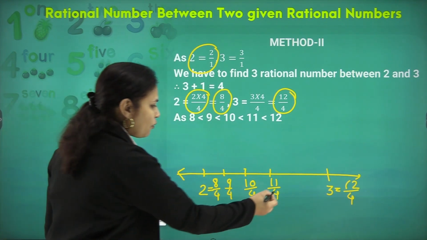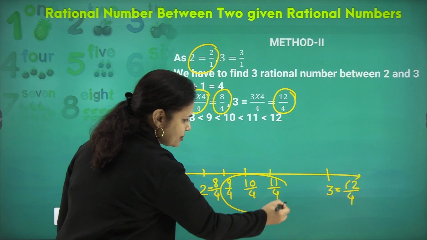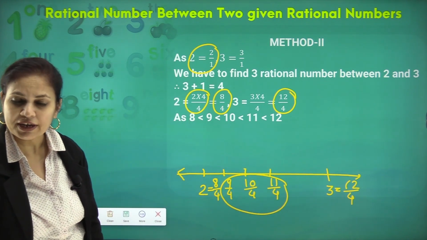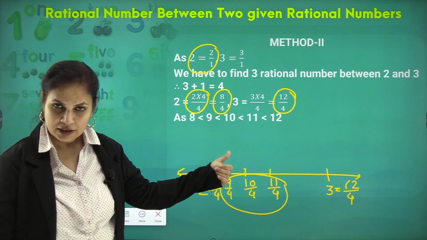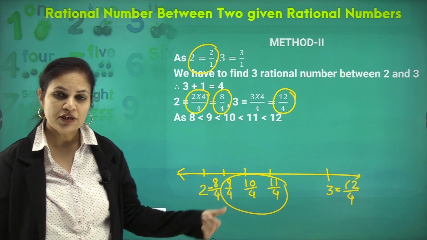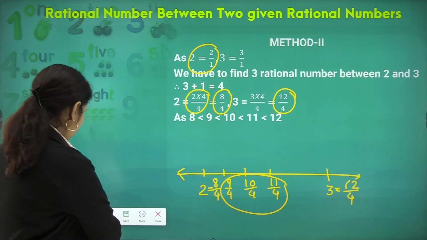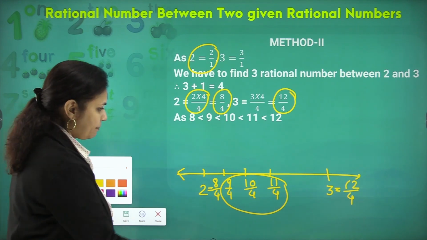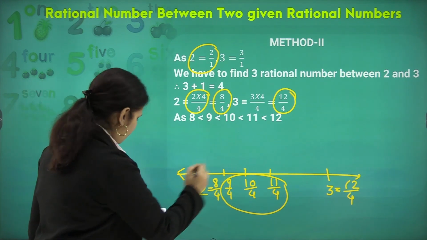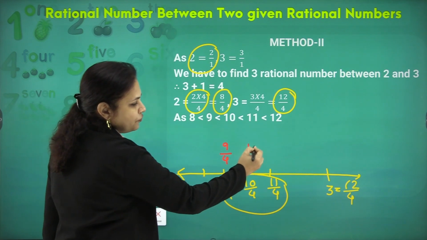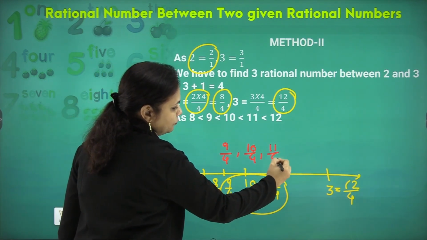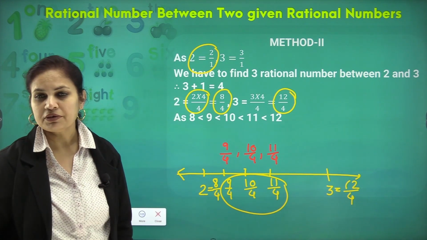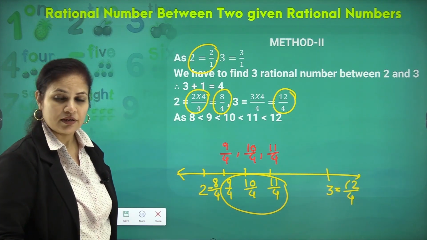So, we have got all these 3 numbers very easily. The 3 rational numbers between 2 and 3 are 9 upon 4, 10 upon 4 and 11 upon 4. These are the 3 numbers between 2 and 3.